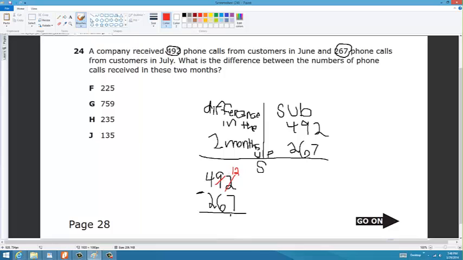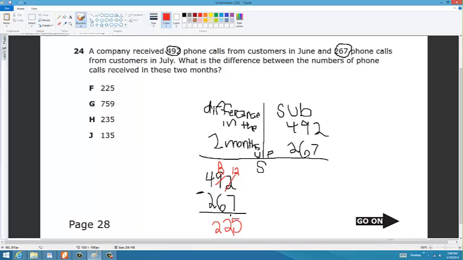So we're going to cross out our neighbor, and our neighbor is now an 8 because we borrowed a group of 10 from this column. 12 take away 7 is 5. 8 take away 6 is 2. And in our hundreds, 4 take away 2 is 2. So we get the answer of 225.